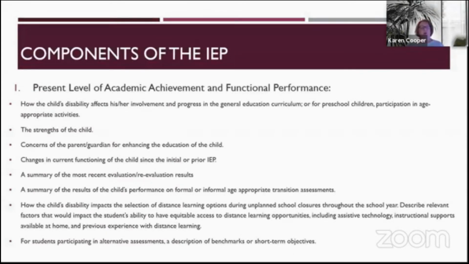So the first component of the IEP is the present level of academic achievement and functional performance. And under the present level of academic achievement and functional performance, we have to include all of this information. I know that it's a little difficult to see all of those bullet points, but I will be going over each one individually.